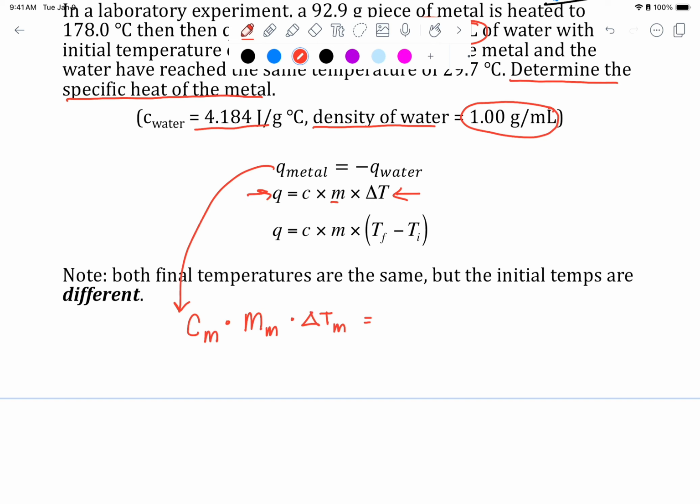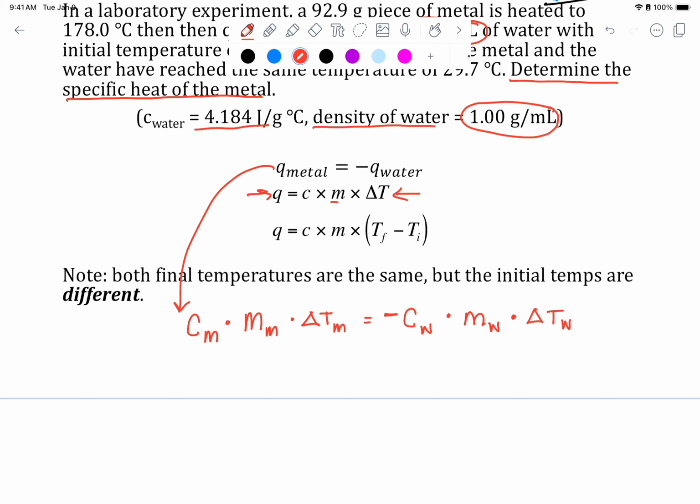Then for Q of the water, I just need to make sure I add my negative there. The delta T's are going to end up having our negatives work out, so you just have to make sure you include this negative here. And now it's just the specific heat of the water, multiplied by the mass of the water times the change in the temperature of the water.